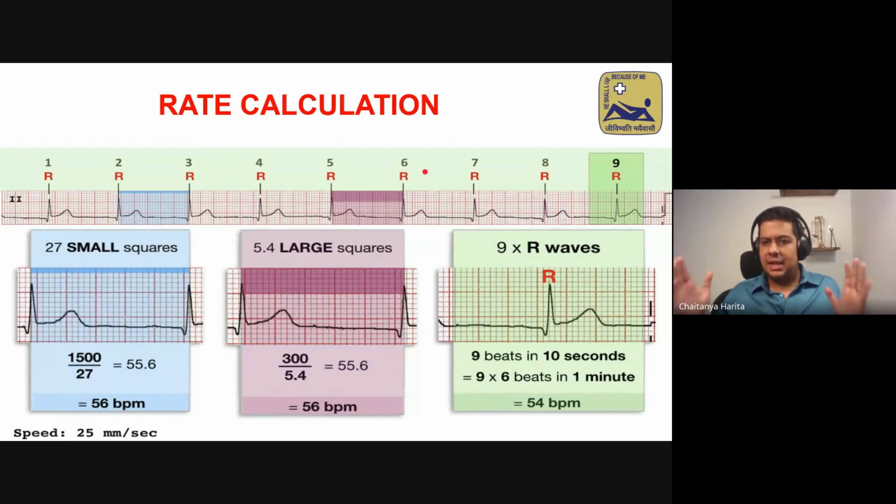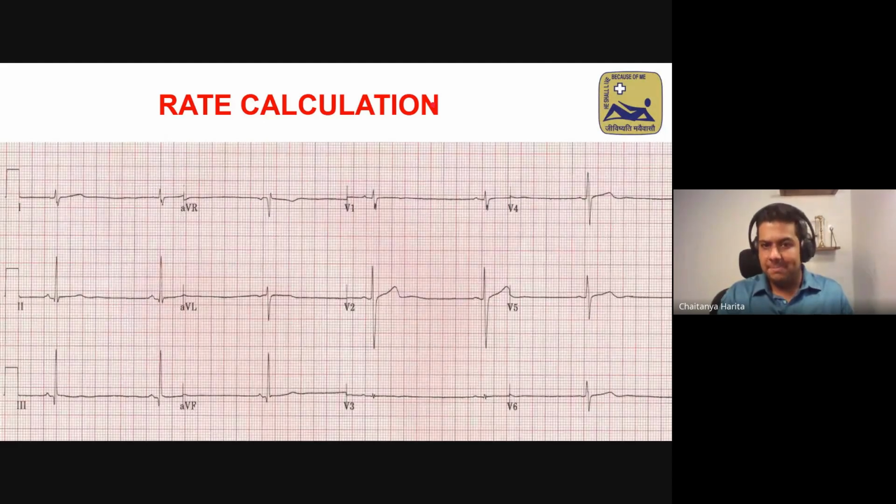In 10 seconds, if there are 9 R waves, in 60 seconds, which is 1 minute, there will be 9 into 6, which is 54. So you can do this in patients where you have an irregular heart rate. Patients who are not in sinus rhythm, with irregular heart rate, take 10 seconds worth of complexes in lead 2, count the number of complexes, multiply by 6.